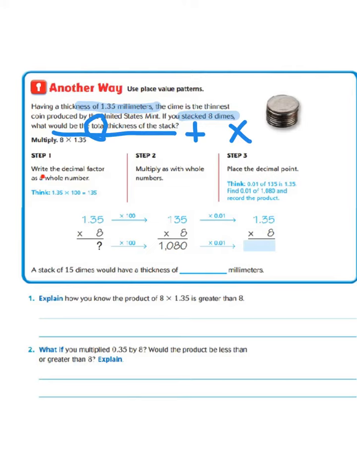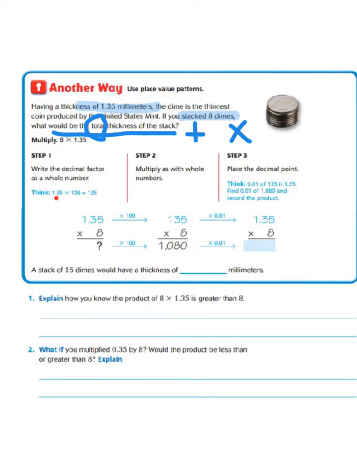So step 1, write the decimal factor as a whole number. If you remember from lesson 4.1, we figured out that in order to create a whole number from a decimal, we have to multiply by the power of 10 that will move the decimal all the way to the right until we have a whole number.